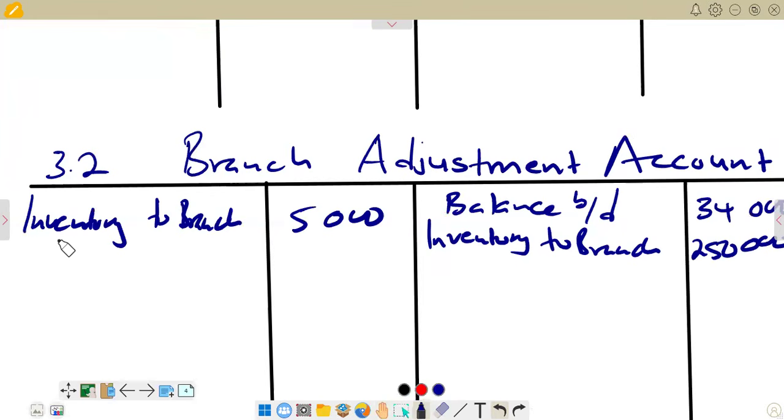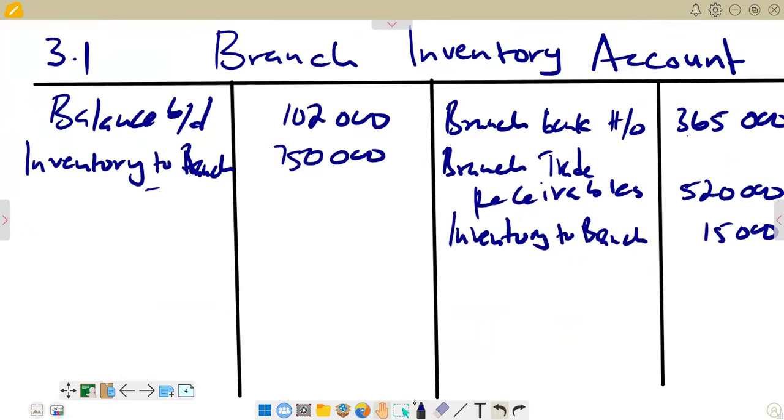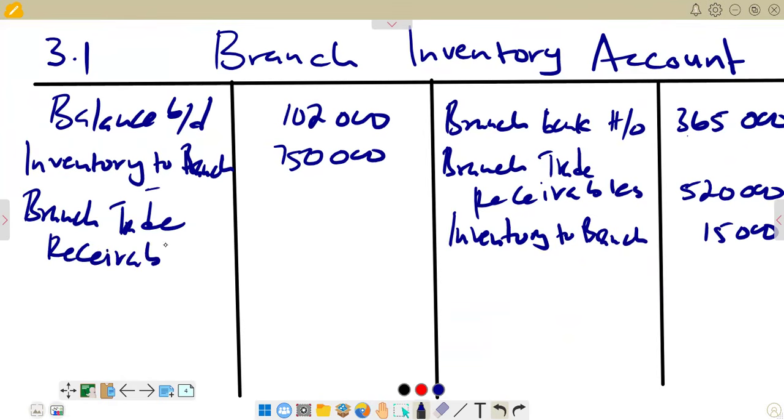So we come here, we go to the debit side and we are saying branch trade receivables. And the amount there is 13,500.